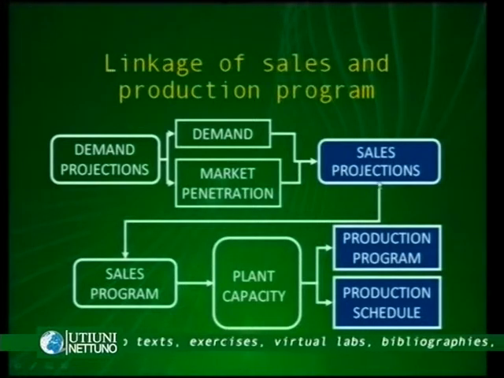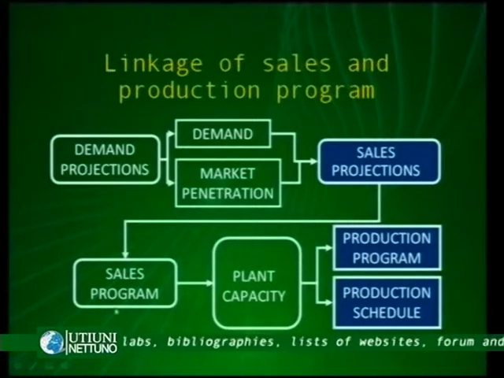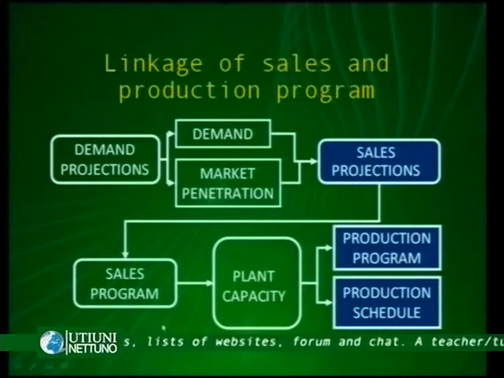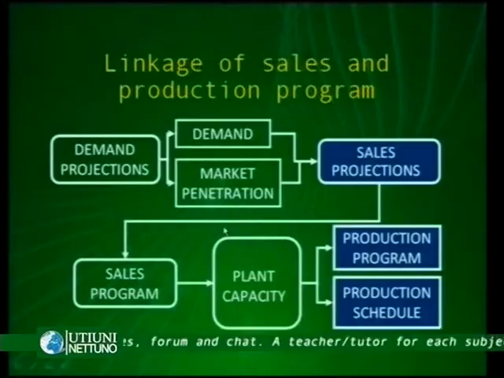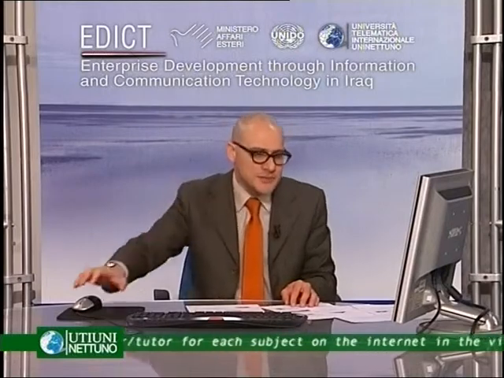And then, after the sales projections, we have the sales program. So, this part, it's something that we are very familiar with so far, since it comes from the marketing side and has been recalled several times in the production-related issues.